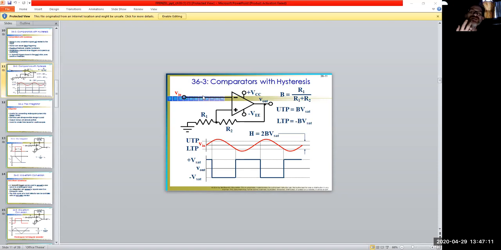One thing to keep in the back of your mind is what's happening with these inputs: E plus equals and follows E minus, always, always, and always. That's how we can say negative feedback versus positive feedback, and that's what we mean by hysteresis.